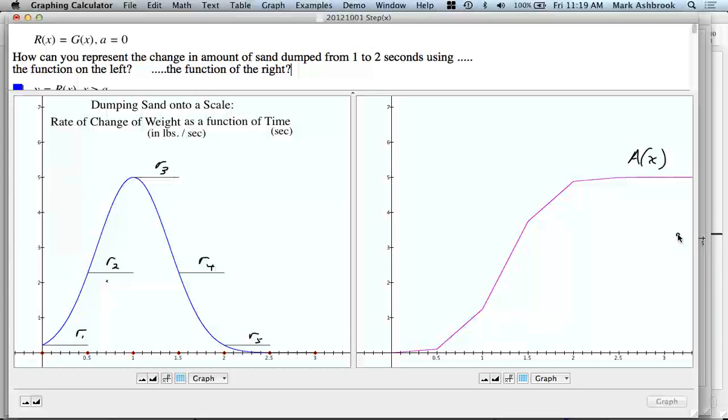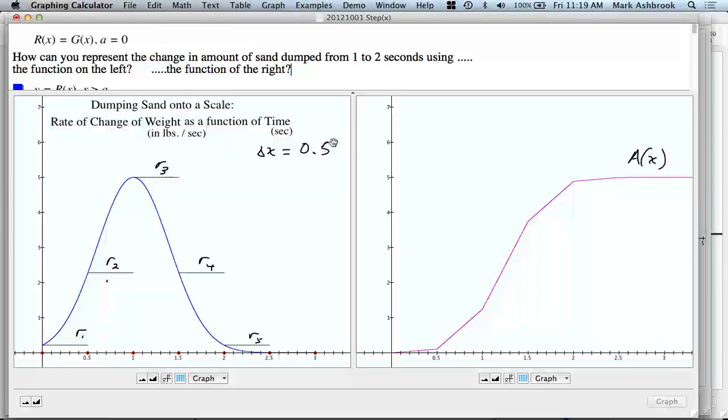Okay, so hopefully you remembered that on the left we have our rate of change. Rate of change, and that says it right there. Okay, rate of change of weight as a function of time. And this is an approximating step function for that with these 5 rates, R1, R2, R3. What is delta x in this case? What's the change in x we're using to build the step function? 0.5.